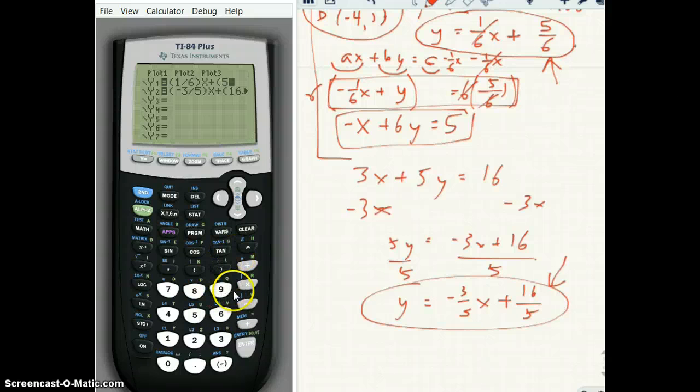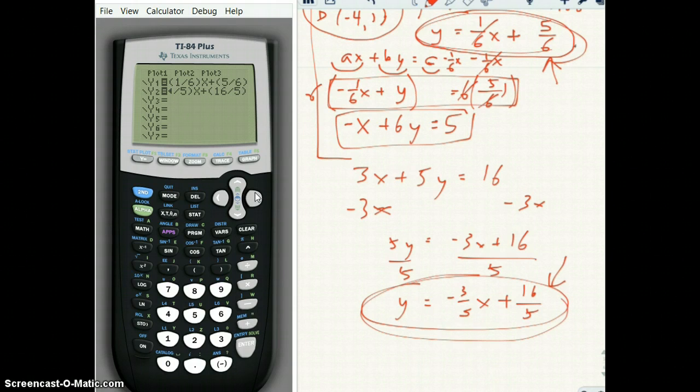And then the next one is the other formula, y equals negative 3/5 x plus 16/5. So you can see the formulas I have in there are this one and this one.